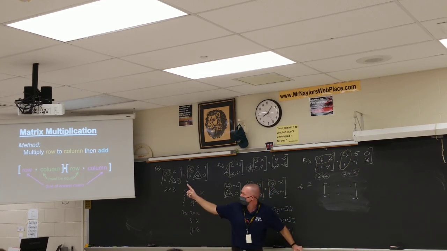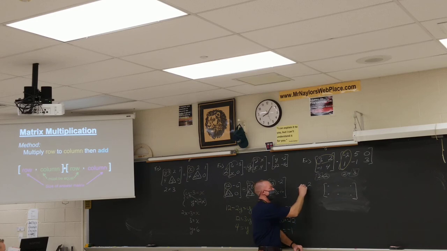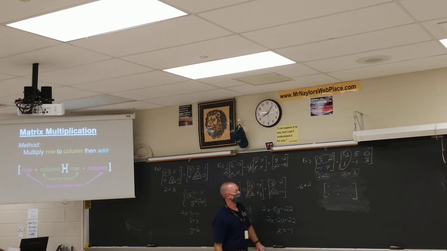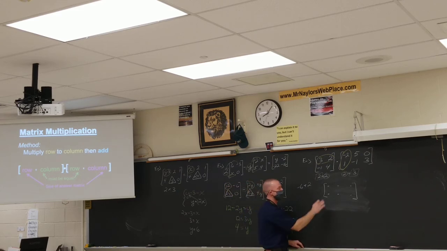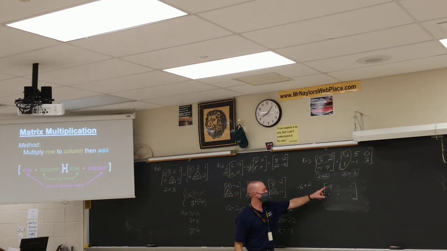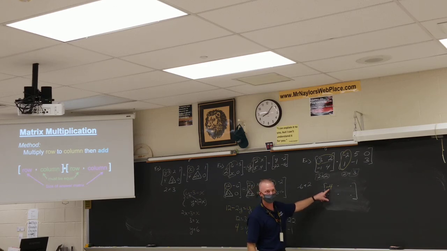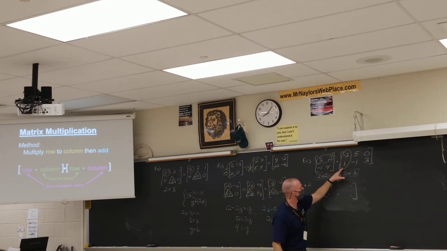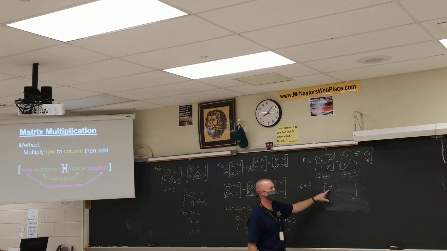And as it says up there, you're going to then add. And of course, that comes out to be -4. The reason we're going to write -4 right here isn't just because that's the first spot. It's because that's the first row, first column. I circled the first row, first column, so my answer goes in the first row, first column.